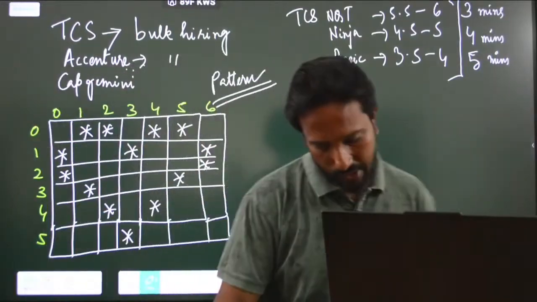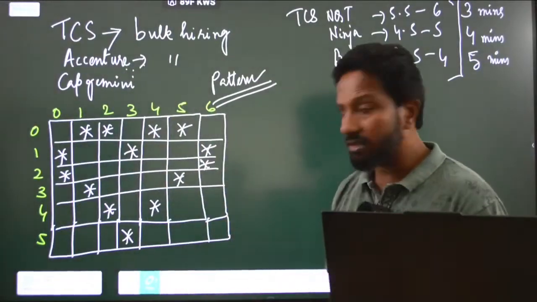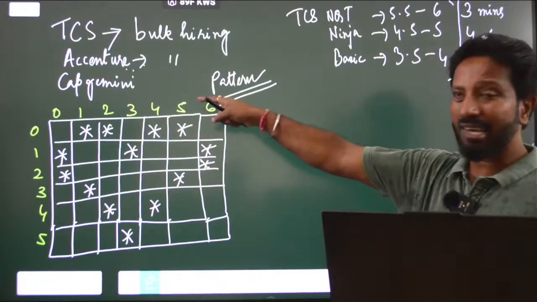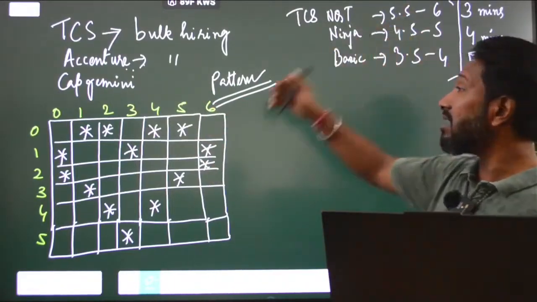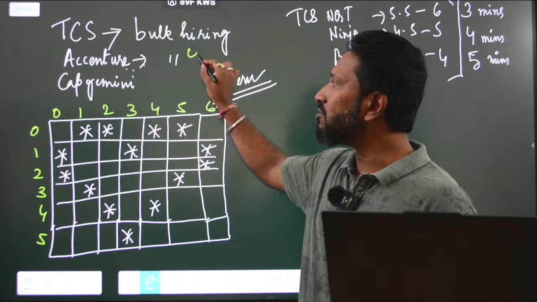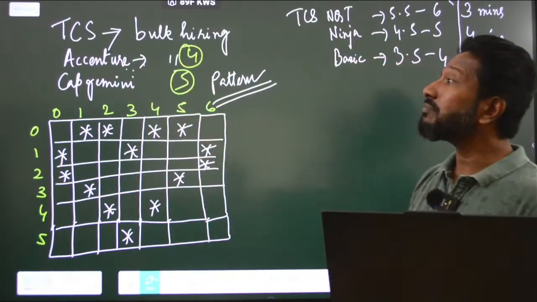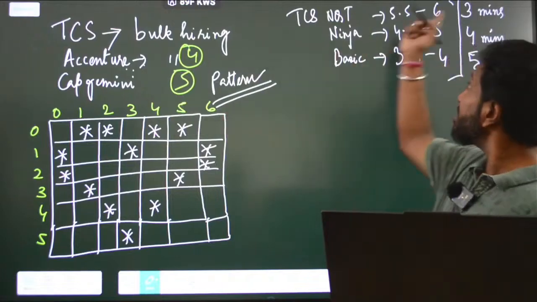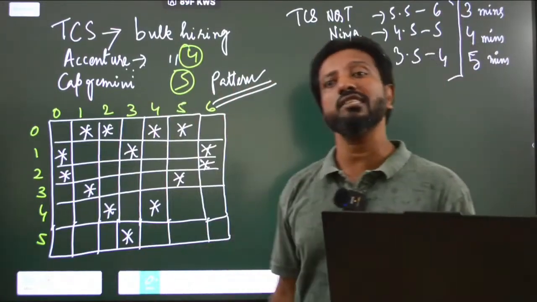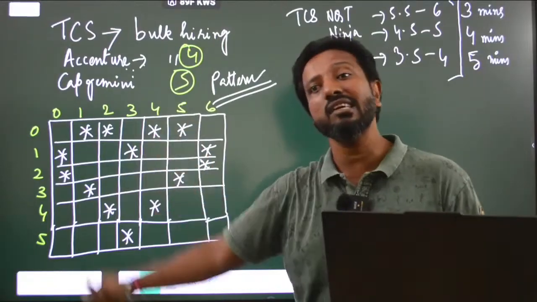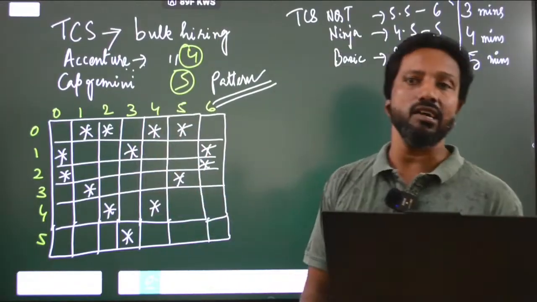So whenever you are trying to solve any pattern programs, just remember one thing. And guys, Accenture and Capgemini also ask the same thing. The package may vary. This can be 4 LPA, this can be 5 LPA. Okay. And bulk hiring, this kind of timings are given to actually do the screening. Who has more command over the language or who has more logic building capacities. Based on that only they hire them. Okay.